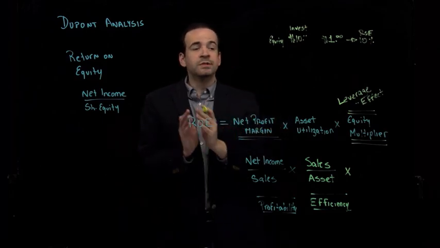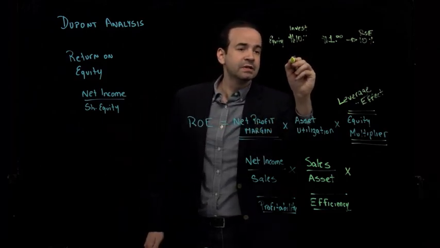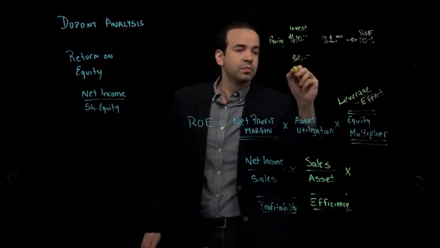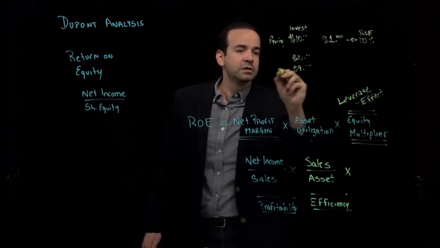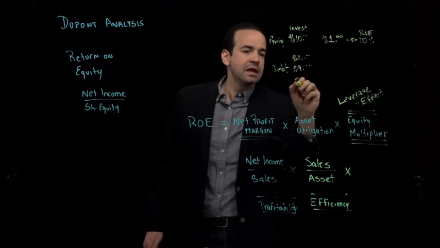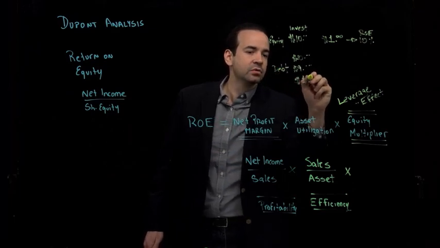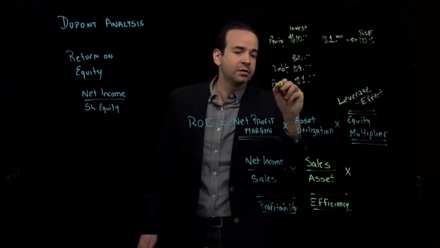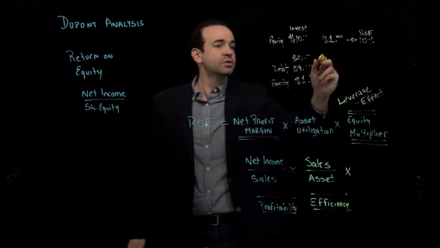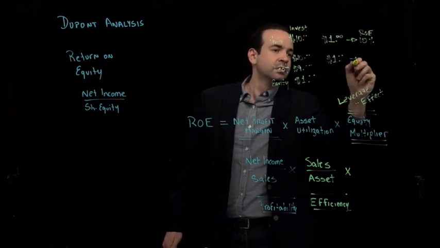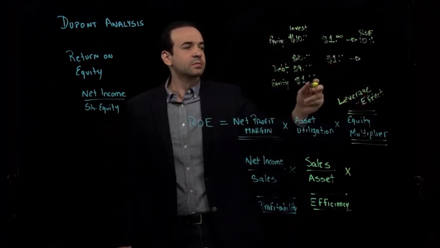Let's assume instead that you invest the same $10, but you just borrowed $9, so this is debt, and you only had to invest out of your own pocket, so this is equity, $1. Now let's assume you had the exact same profit, so it's $1 too. Let's just assume that for simplicity.